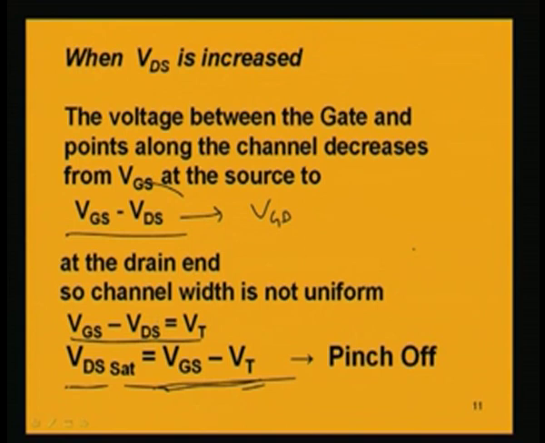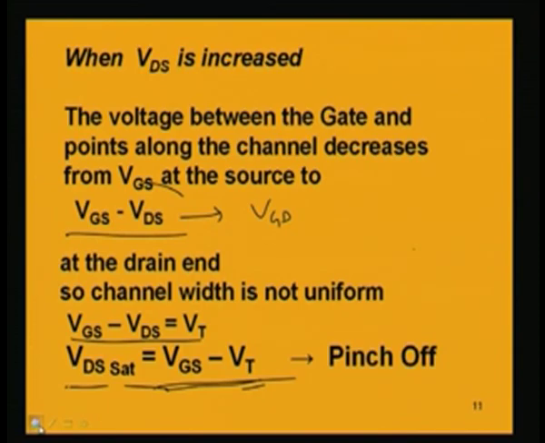After that, even if we increase the drain to source voltage, it will continue to be in saturation. So, now we are having different regions in the drain to source current characteristic. So, we can now plot the VI characteristic for the MOSFET.